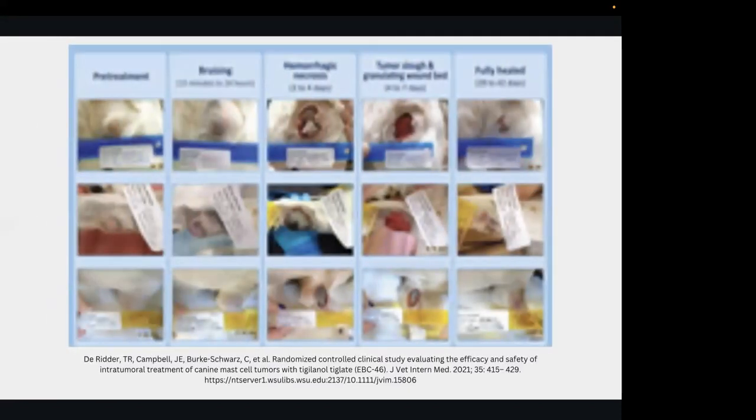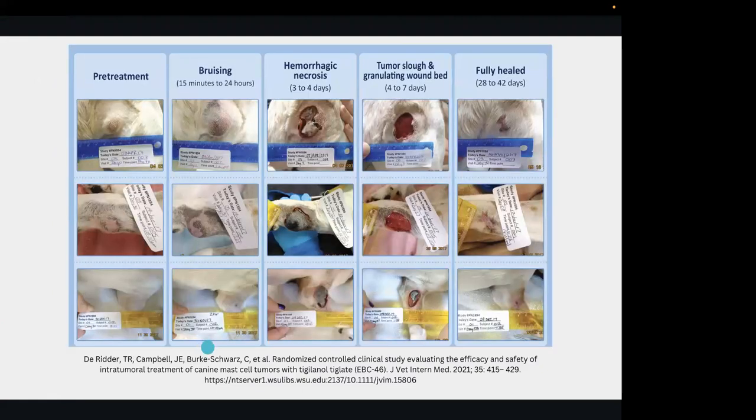Virbac has kind of changed their marketing a little bit. But this is what they used to show when the medication originally came out.